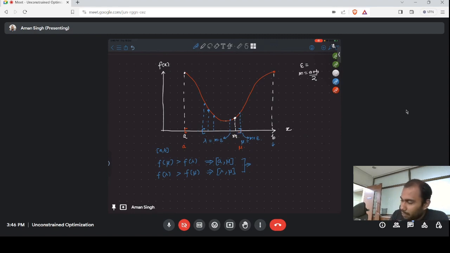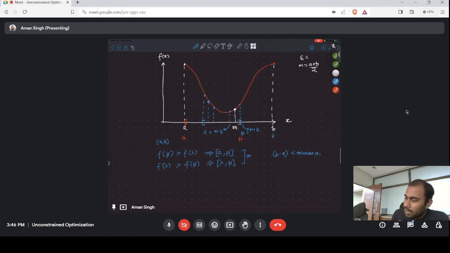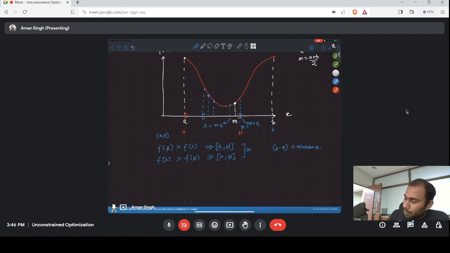After several iterations, your interval of uncertainty will stop when its length, b minus a, becomes less than your tolerance level. So this is a very simple algorithm. That's how we try to find the minimum of a single variable real valued function.